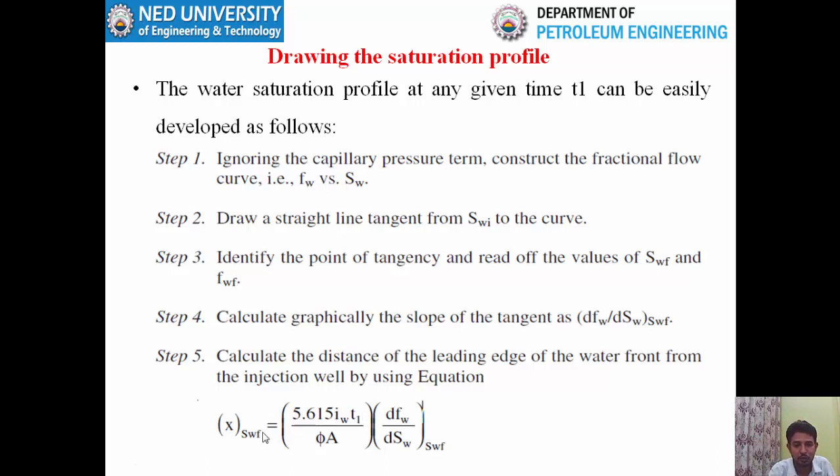Obviously for all times this slope will be constant. So the slope at SWF will be a constant value. The only thing that is changing is the time. So at different times you can calculate the position of the waterfront. IW, porosity and area will also be constant.